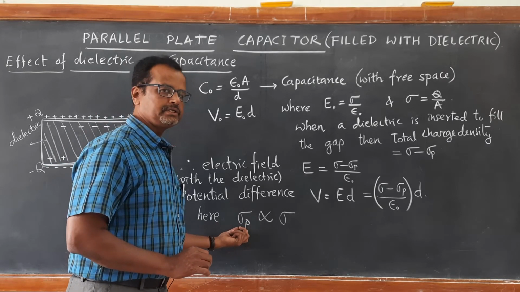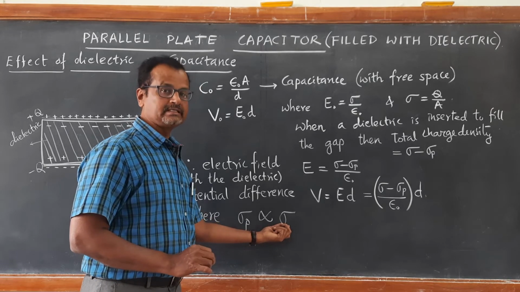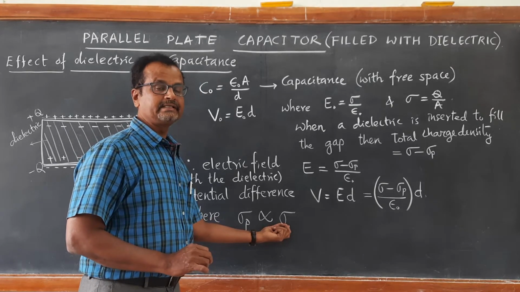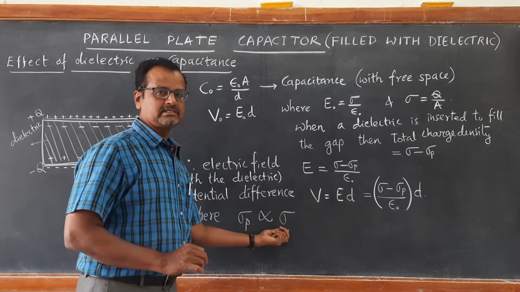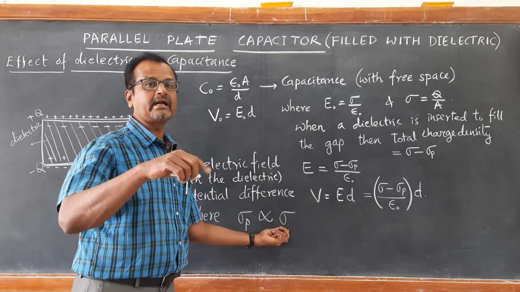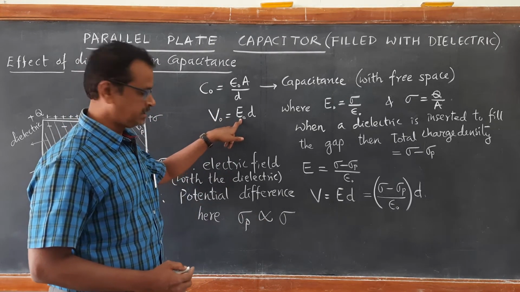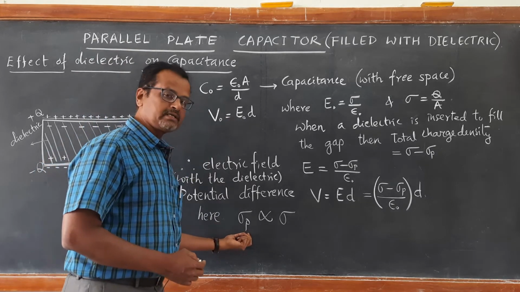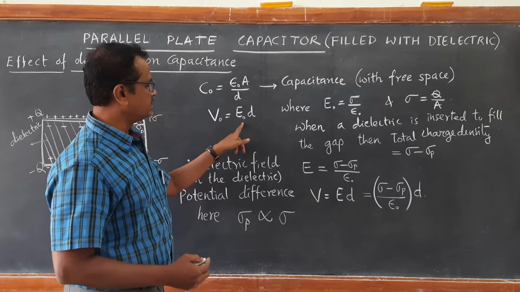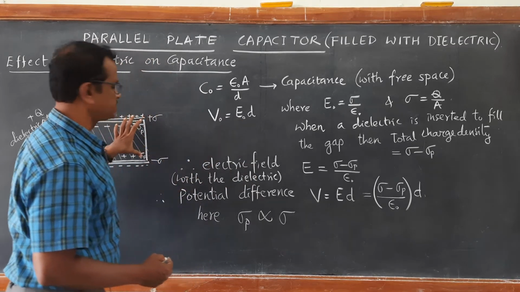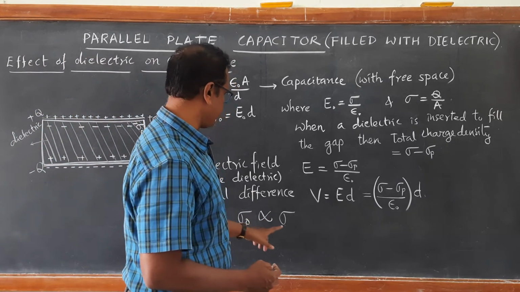The charge density due to polarization is directly proportional to the initial charge density before inserting the dielectric, and this initial charge density sigma is again directly proportional to the initial electric field E naught. Therefore, the polarized charge density sigma p is directly proportional to the electric field which was initially set up before inserting the dielectric. So that is the point to be considered.